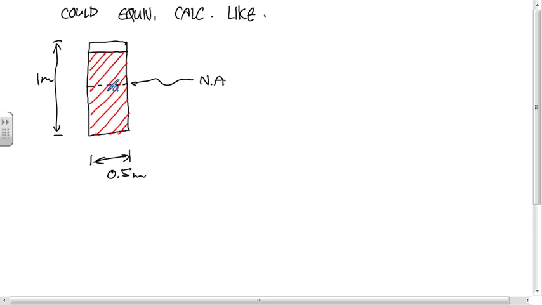So the centroid is going to be here somewhere. The area of this region is 0.5 times 0.9, so you get 0.45. And where's the centroid?